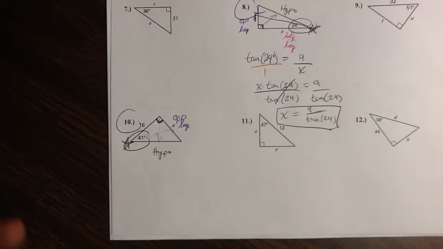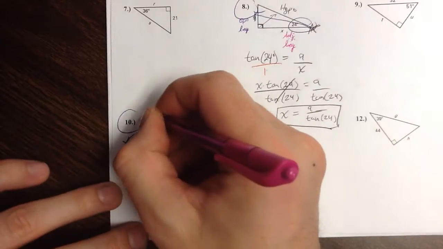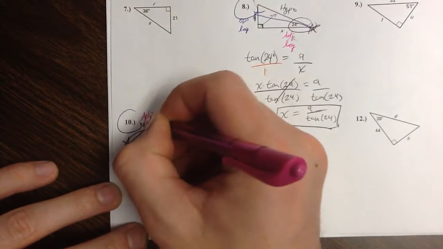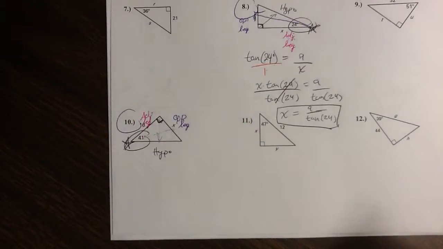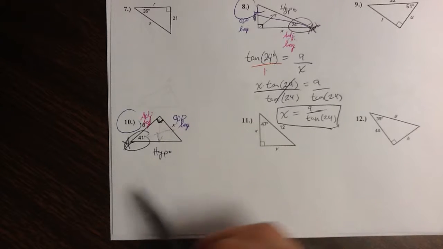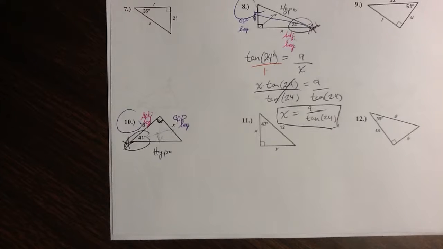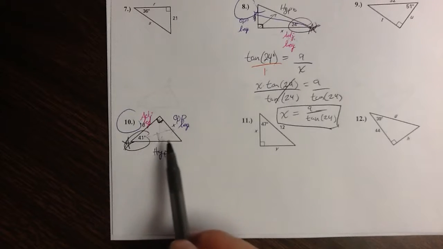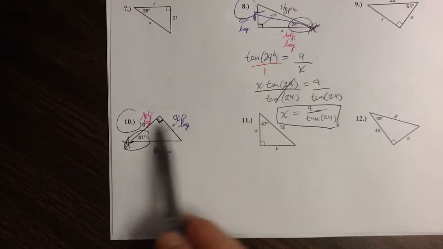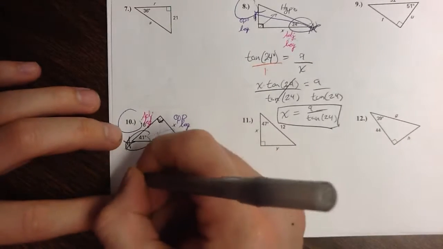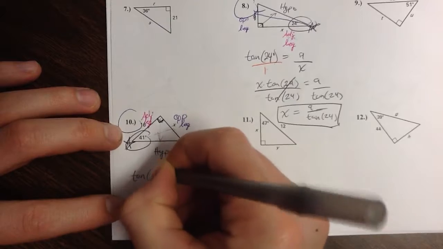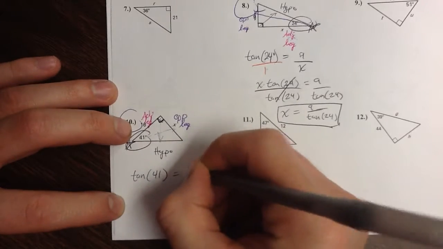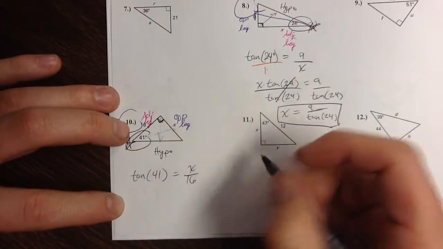And then the leg that's 16 units, this is right next to the angle. Adjacent means next to. So that's my adjacent leg. Okay, we've got to figure out what trig function we need to use. For this one, ironically, it's also going to be tangent because it's opposite and adjacent leg. So tangent of 41 is equal to opposite divided by adjacent.